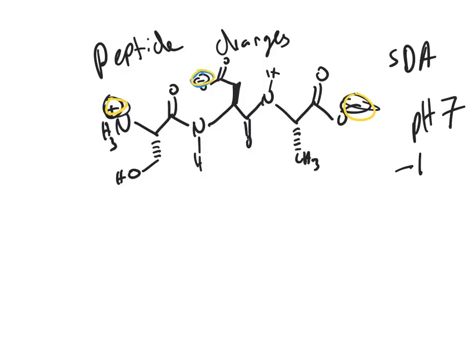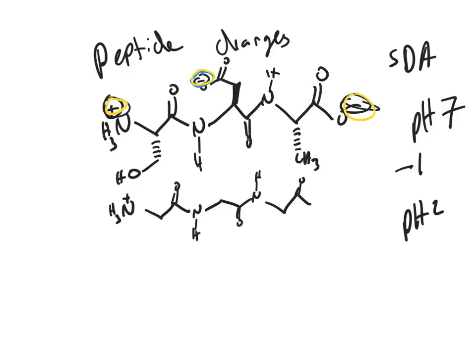Now, if we drop this pH to say 2, just going to redraw the backbone. Hopefully I don't run out of room. And these ones both don't have pKa's. So now, oh, sorry. I want to get rid of this guy here.